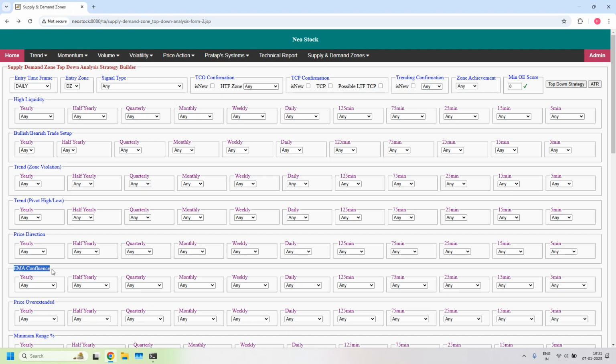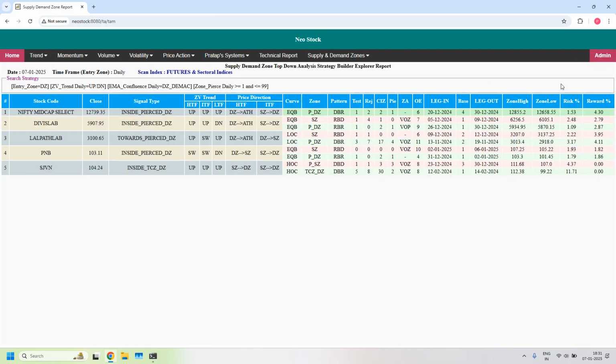So in the EMA Confluence at a daily time frame, daily demand zone having daily EMA Confluence filter is enabled, and also the trend at a daily time frame should not be sideways. It can be up or down. With these filters, we got 5 stocks. These 5 PR-SID demand zones are having EMA Confluence.